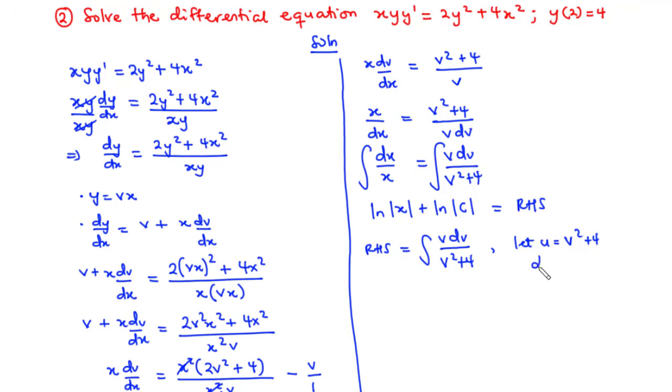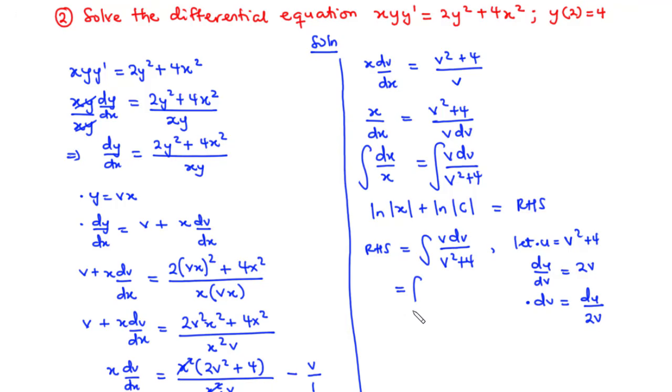Now we differentiate with respect to v, so that becomes 2v. This is a constant, it goes to 0. Now we make dv the subject, so dv is equal to, we interchange the positions of these two so that we have du divided by 2v.